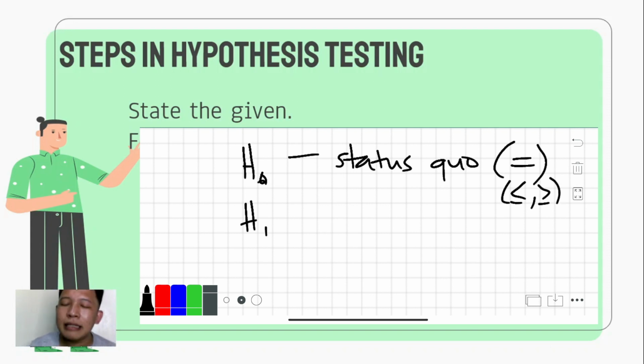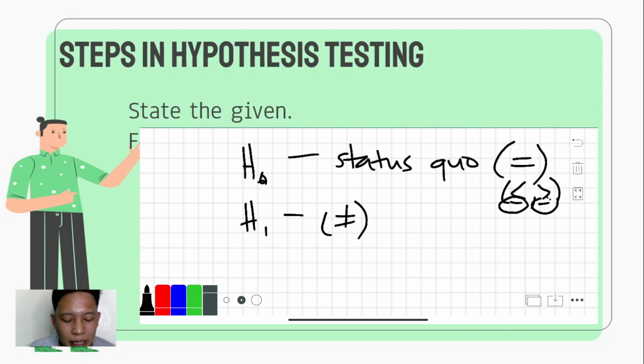It is still considered to be a null hypothesis kasi nandun pa rin yung ating equality symbol. And alternative, when we say alternative, this is just the counterpart of our null hypothesis. If our null hypothesis ay nagko-concern or may concern sa equality, then our alternative hypothesis should be not equal to.